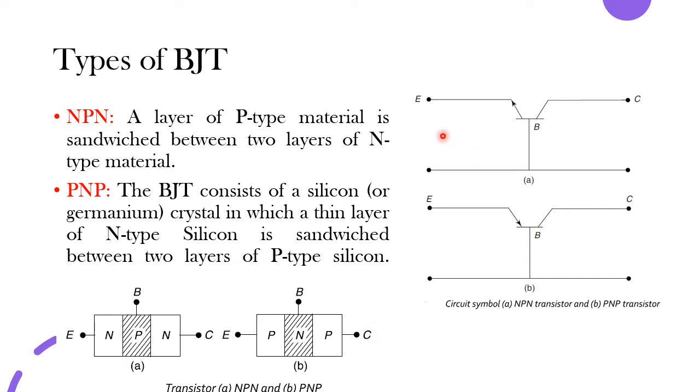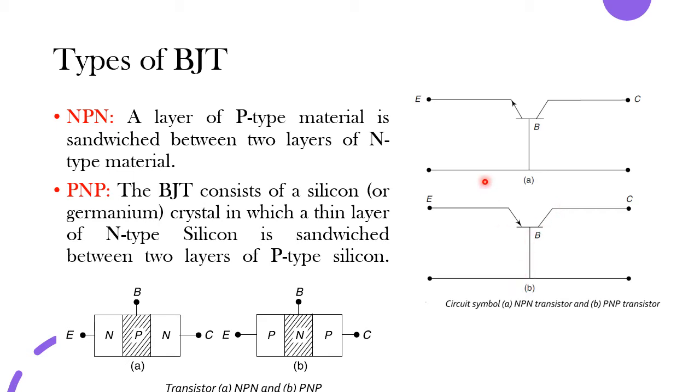The transistor symbol is this. Here this part is base, and in these two, the arrow represents the emitter part. If the arrow is represented in this line, that means it is the emitter and the other part is the collector. Similarly, here the arrow is represented in this part, so this is emitter, the other part is collector and this is base.